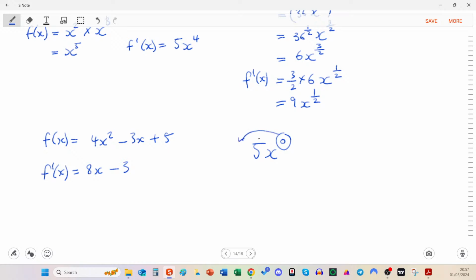The 0 goes down the front. 0 times 5 is 0. Now, you could argue then that that's 0 times x to the minus 1. Well, there's something, but it's times 0, so it goes to nothing. So numbers disappear. And that's the problem. When you differentiate, you lose information.